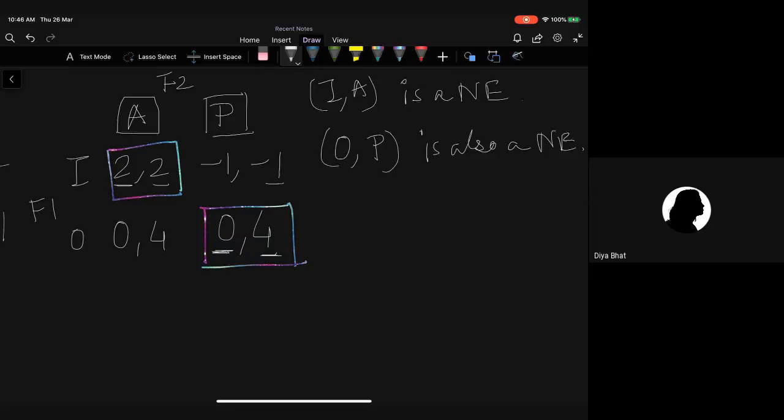Now the question to ask is, is this Nash equilibrium an intuitive or the right way of thinking about how the firms will actually behave in reality? So the question to ask is, is the threat that firm 2 is giving to firm 1 credible? What do I mean by credible? Will the incumbent firm actually go on a price war, follow through on the threat, in case firm 1 decides to enter?